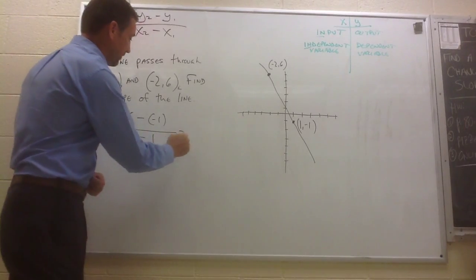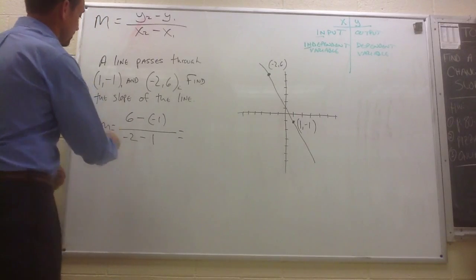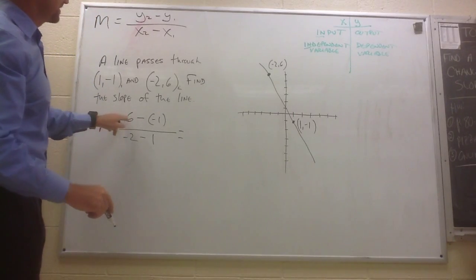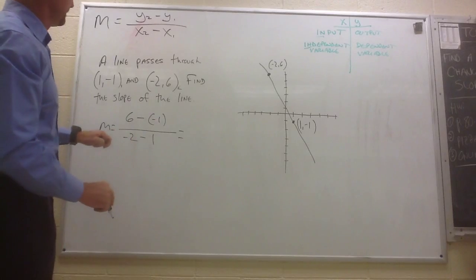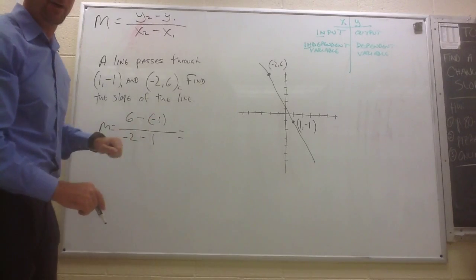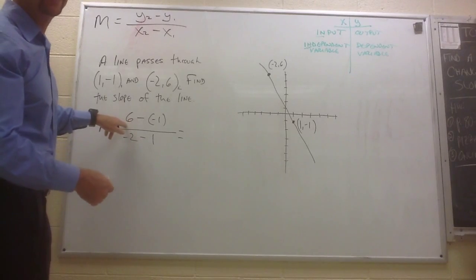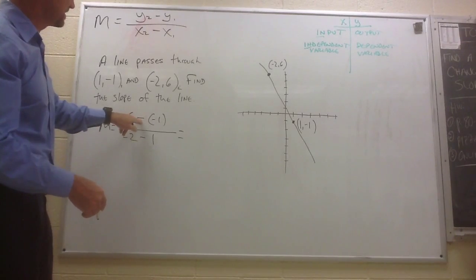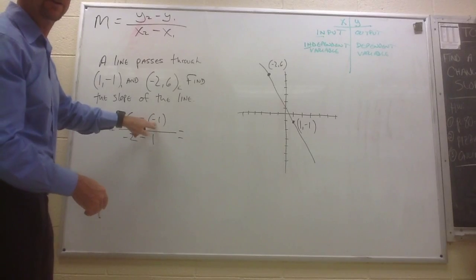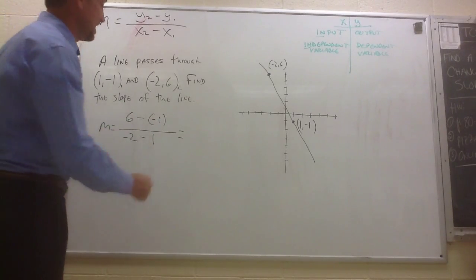Now we want to be careful with our arithmetic here. 6 minus -1. Remember, any subtraction problem we can turn into an addition problem. Subtraction, by definition, means add the opposite. 6 plus, and the opposite of -1 is +1. 6 plus 1 is 7.